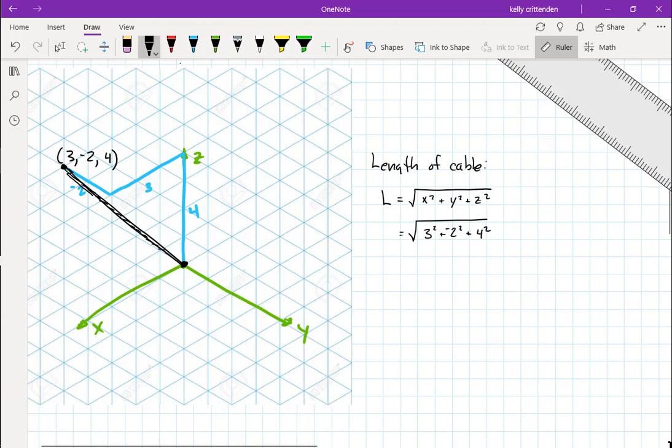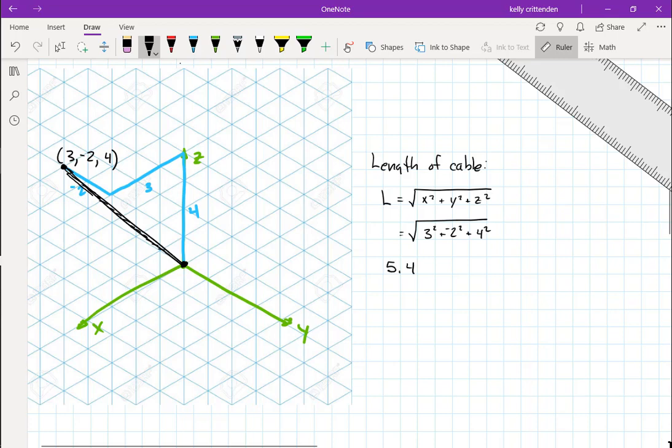So let's see what that number is. 3 squared plus 2 squared plus 4 squared is 5.39. Let's just do 5.4 to make it a little easier.